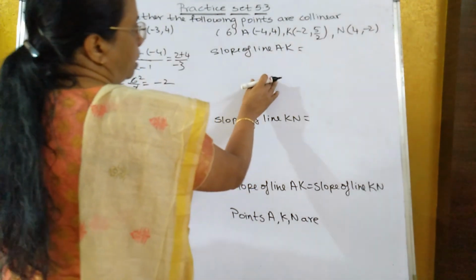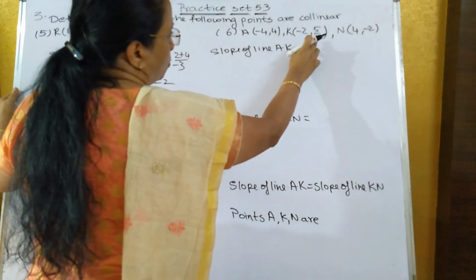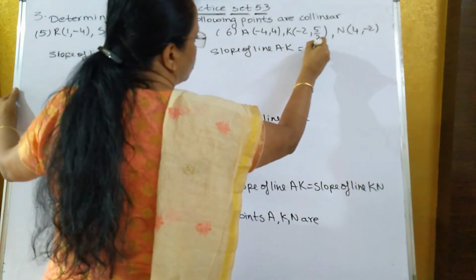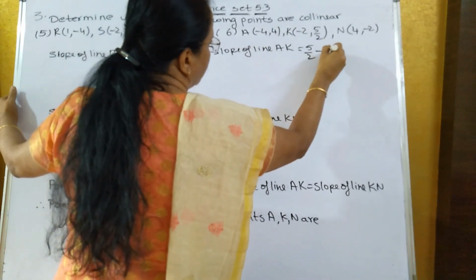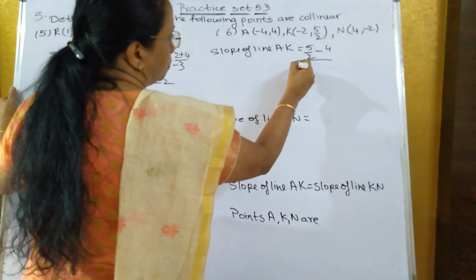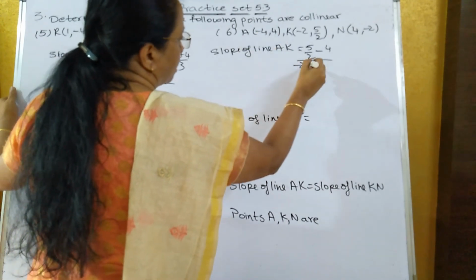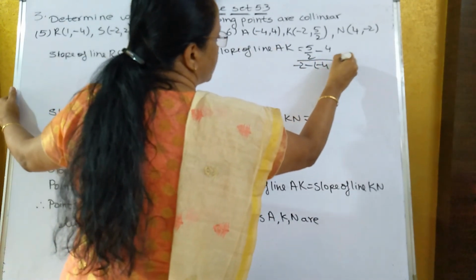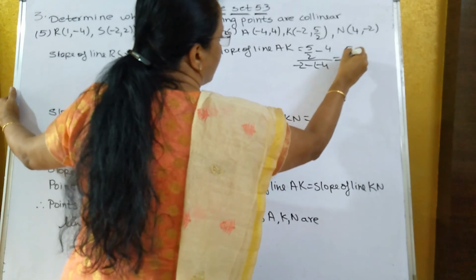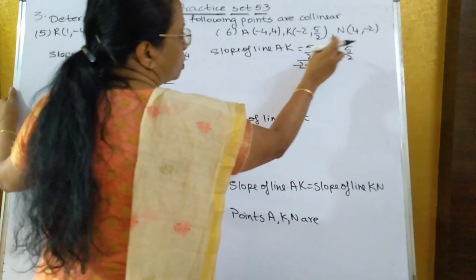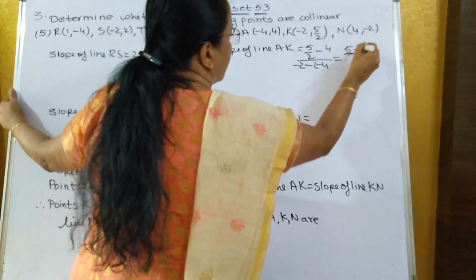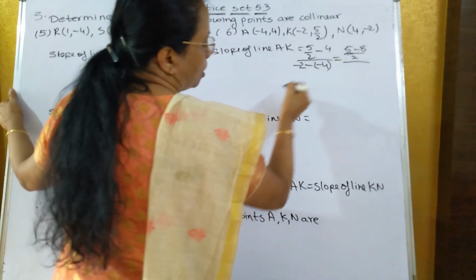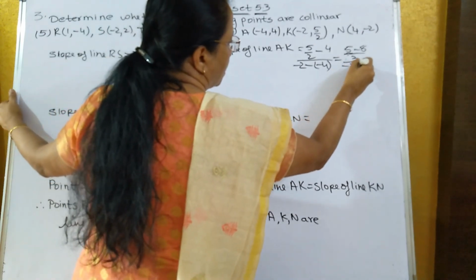Now over here AK, slope of line AK is what? 5 upon 2 minus into minus 4 upon minus 2 minus into minus 4. So that is equal to, equalize the denominator, 5 upon 2, 2 4s are 8, so minus 8 upon 2 and minus 2 plus 4.